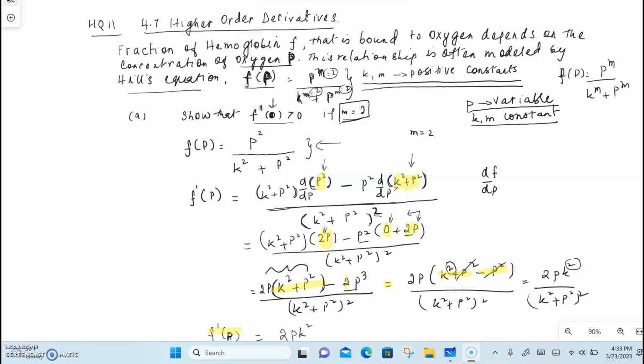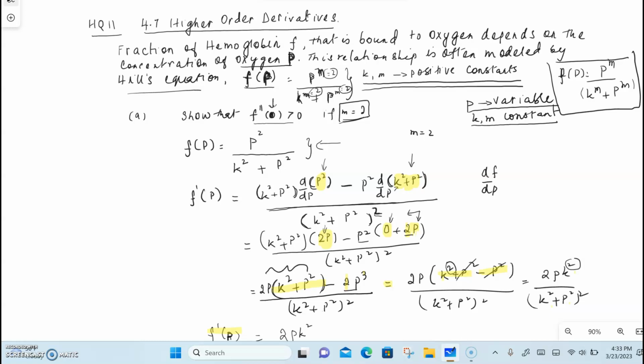The equation that models the relationship between the fraction of hemoglobin F and the concentration of oxygen is f of p equals p to the m divided by k to the m plus p to the m.